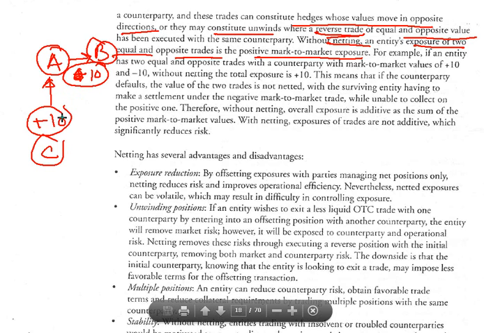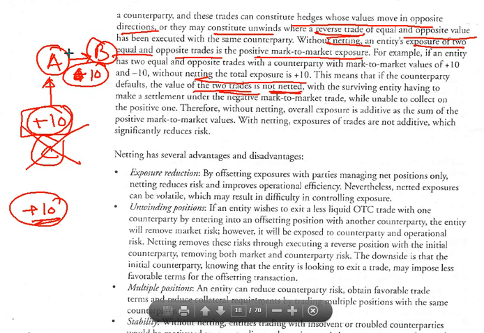As a result, without netting, since A has to get 10 from C, the exposure of A is plus 10. So the positive exposure of A is plus 10. That is what they are saying. Without netting, the exposure is plus 10. That means if the counterparty defaults, the value of the two trades is not netted. If C is defaulting, C will not give money to A, but B will claim $10 from A. As a result, this is a problem, right?